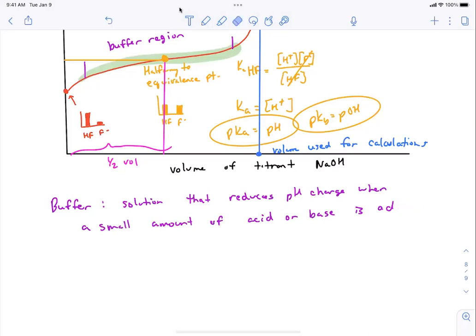So what a buffer does is a buffer prevents the drastic change of pH when something's added.